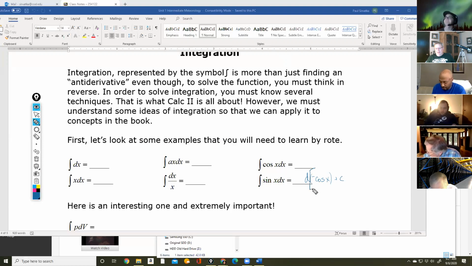If I had taken the derivative of this side, you understand the constant goes away. But what's the derivative of negative cosine of x? The negative goes outside. What's the derivative of cosine of x? Negative sine x.